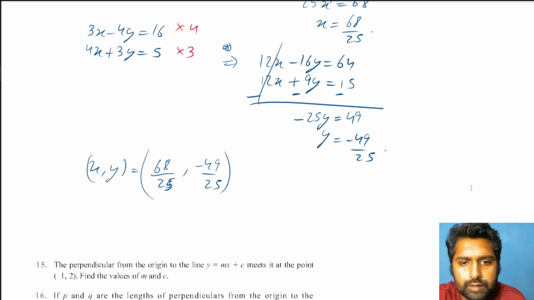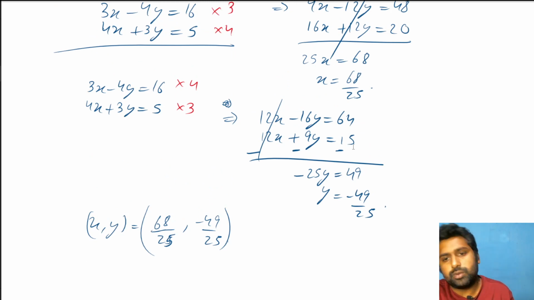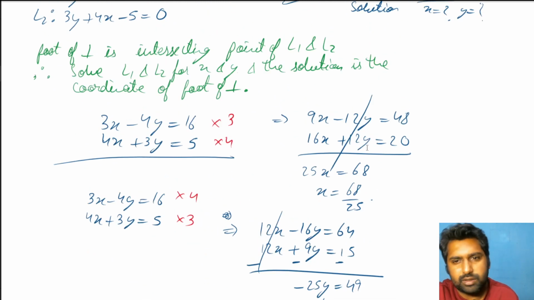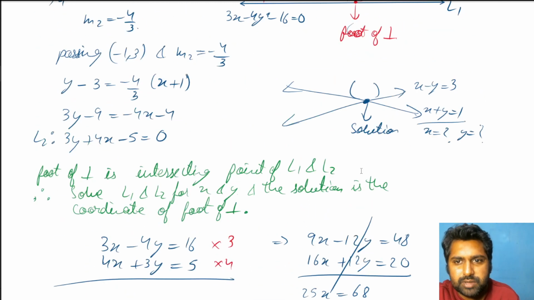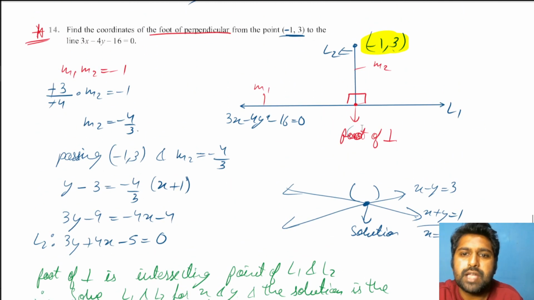I'll repeat the idea because this is a new concept. So far what we have done is pretty much the same idea about equation of line. But this time we have to get this foot of perpendicular. It is the intersecting point of L1 and L2. If we solve two equations, we get a solution, and that solution itself is the intersecting point.